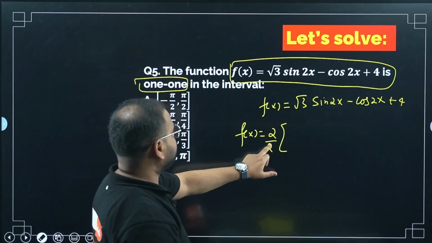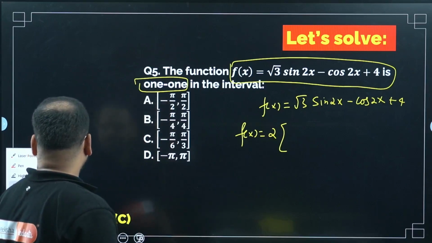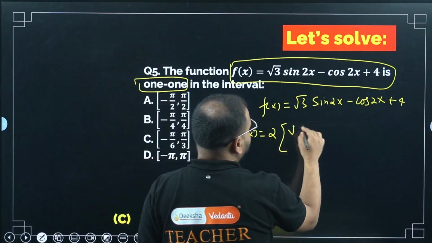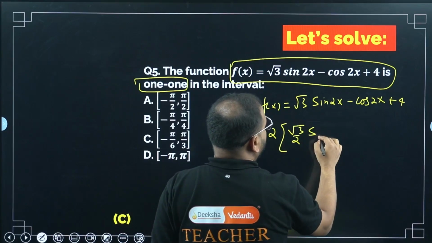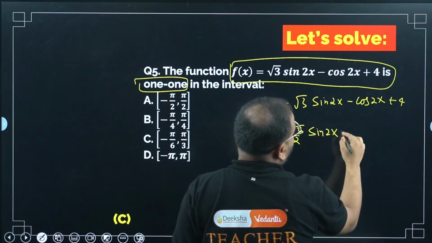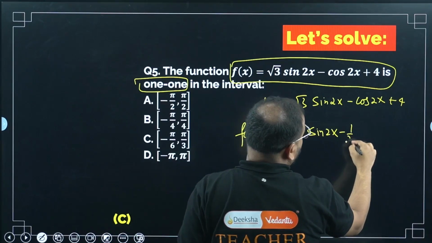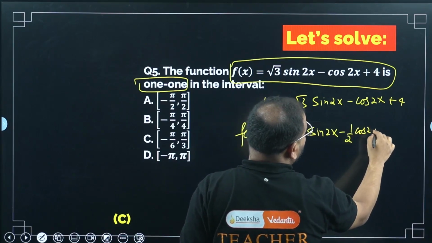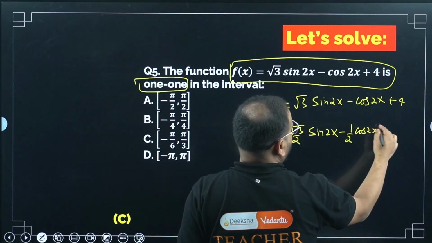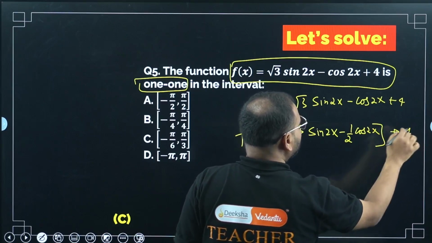Then it becomes √3 by 2 sin 2x minus 1 by 2 cos 2x, and plus 4 stays outside.